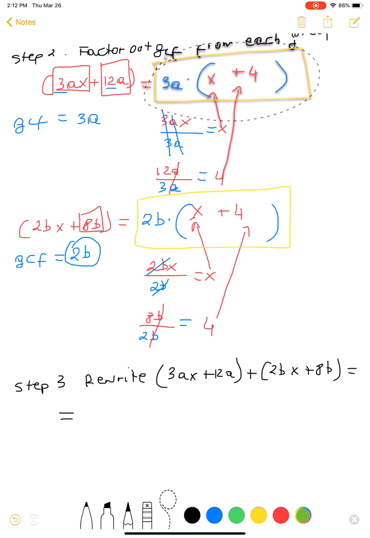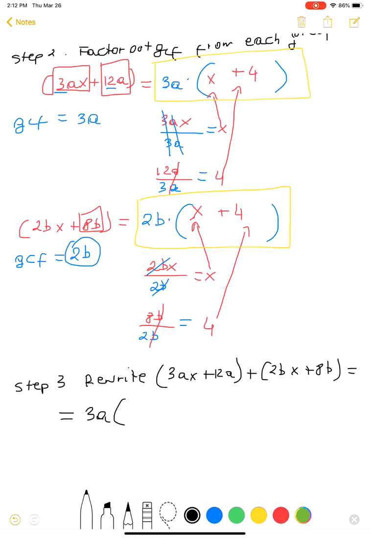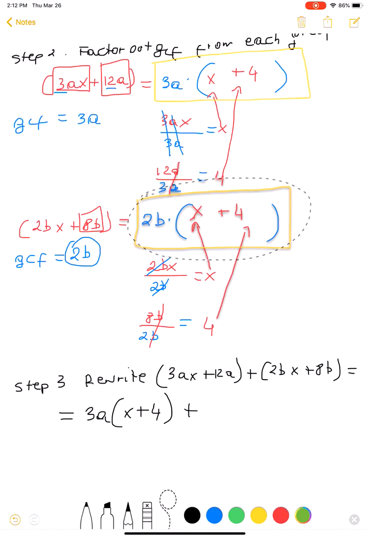So we have 3a times x plus 4 plus, and right here 2b times x plus 4.